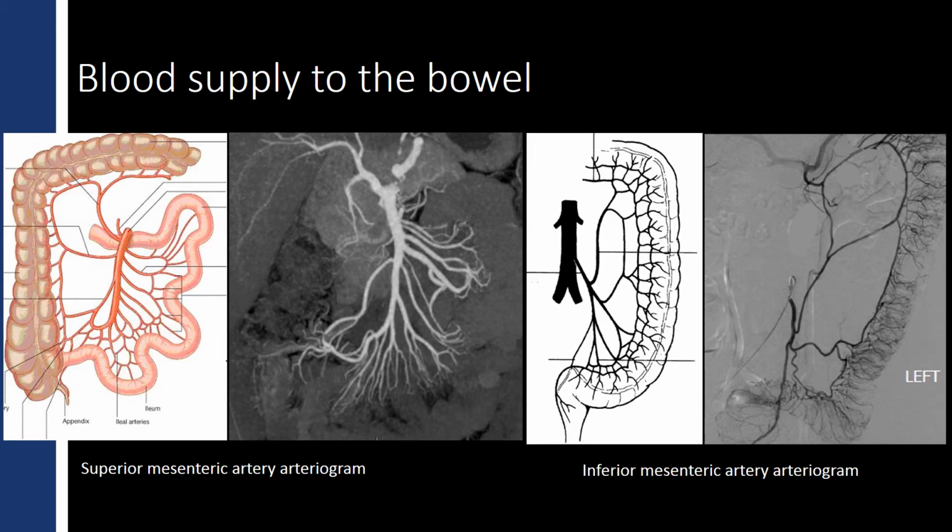Okay, here we have a couple more selective angiograms. For the previous one, what we did was we put a catheter up within the high aorta, probably the high abdominal aorta or the low thoracic aorta, squirted contrast in, and let it run out through all those arteries. What we've done here with this left angiogram is we've put a catheter right into the superior mesenteric artery.